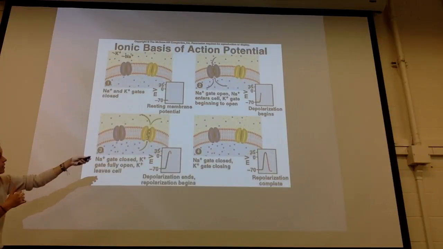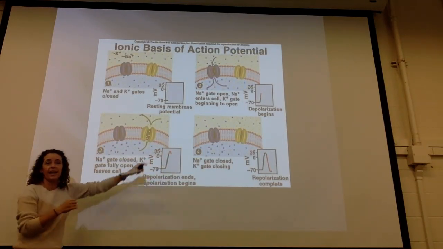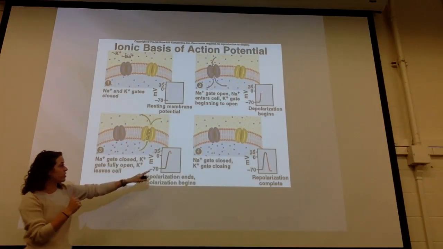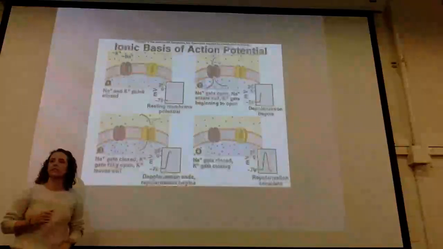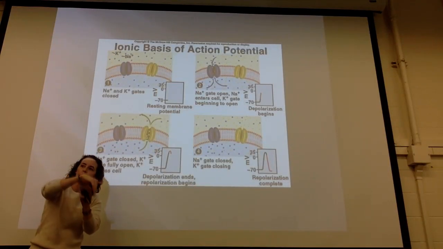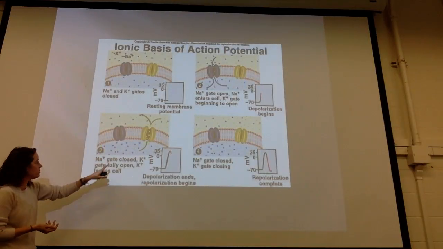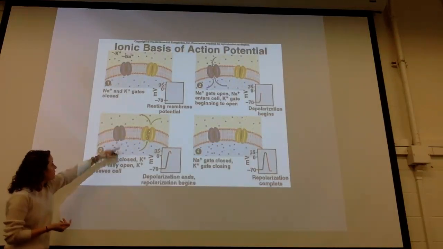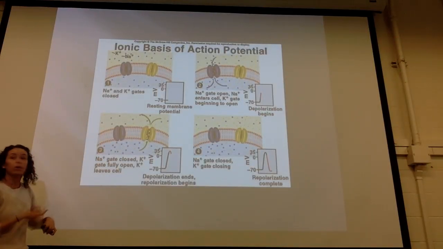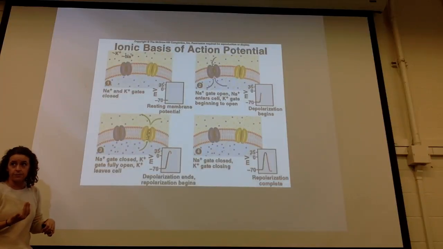At that same time, the potassium gates open. Okay. Then, after depolarization has happened and repolarization begins, repolarization is when the cell starts to go back down to its resting state. Repolarization begins when the sodium gate closes and sodium is no longer coming into the cell.